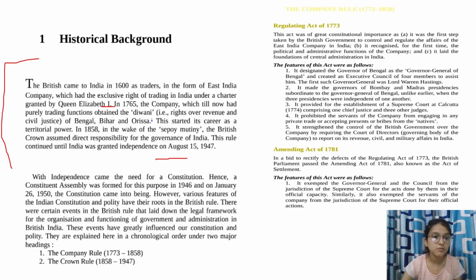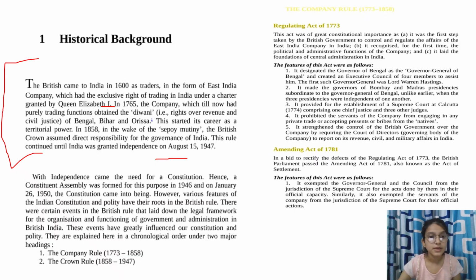So basically, this paragraph has talked about how the East India Company came to India when Elizabeth granted them permission to go to India and trade. Later, by doing their trading, they realized that India is a place they can rule upon. And until we reached our independence era, they were ruling India.